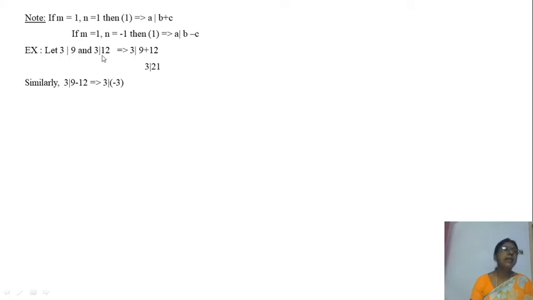And a divides c, c is 12. That implies 3 divides b plus c, that is 9 plus 12, 21. Is it right or wrong? Yes, it is right. So if a divides b and a divides c, then a divides b plus c is right. That is an example of this one.